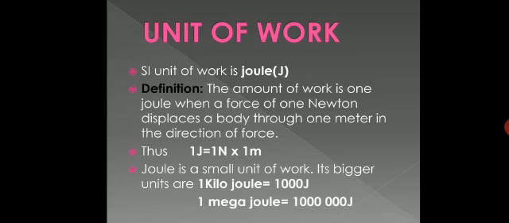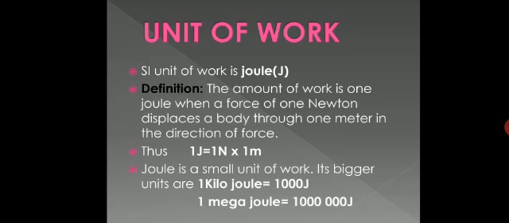So we are discussing the unit of work. We know that work is measured in joule. And what is the joule? It is the product of Newton and meter. Why? Because force is always measured in Newton and the distance is always measured in meter.